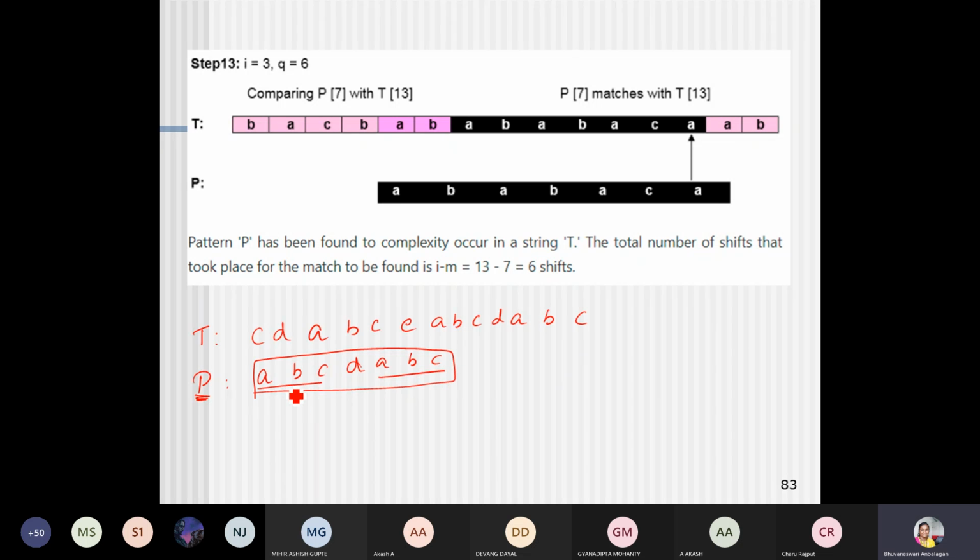The prefixes are A, A, B, A, B, C, A, B, C, D, and so on. The suffixes are C, B, C, A, B, C, D, A, B, C, and so on. Checking for a matching prefix and suffix, I have A, B, C. This is the pattern using which I can do the searching operation very efficiently.